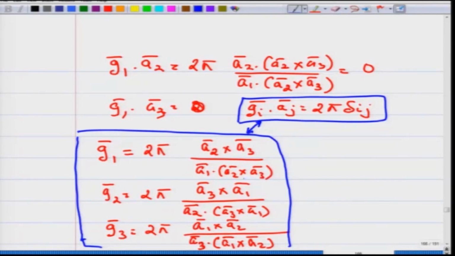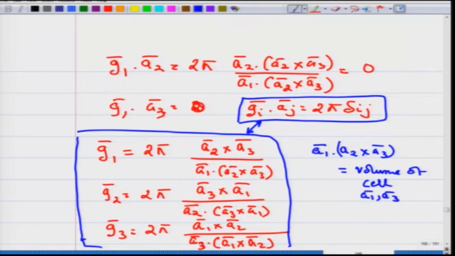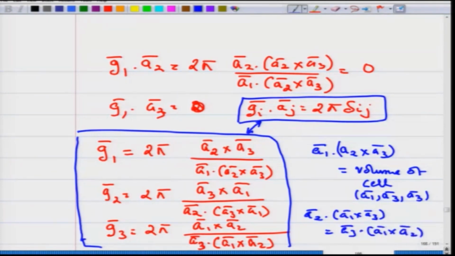Now, a few words about this denominator. A1 dot A2 cross A3 is nothing else but the volume of the cell which is defined by these vectors A1, A2, A3, and A1 dot A2 cross A3 is equal to A2 dot A1 cross A3, which is also equal to A3 dot A1 cross A2.